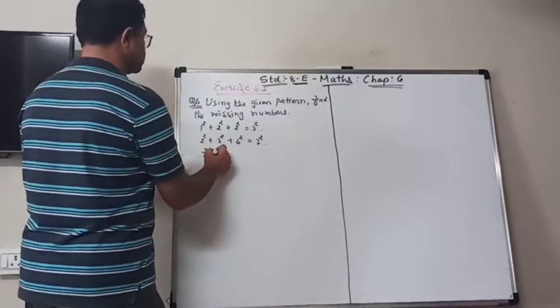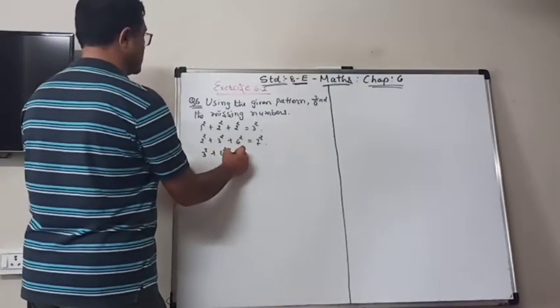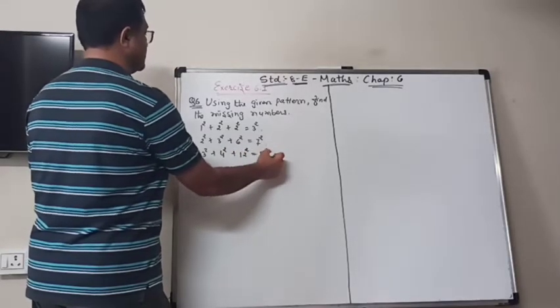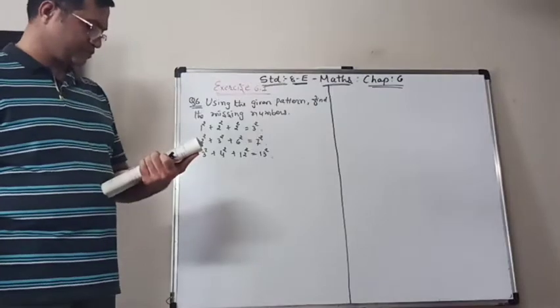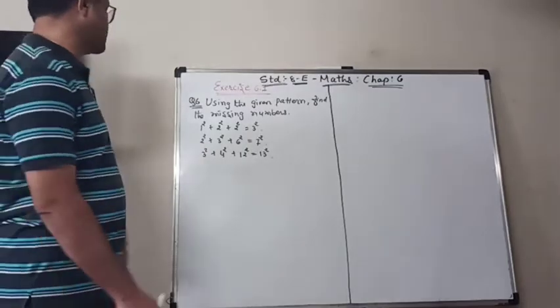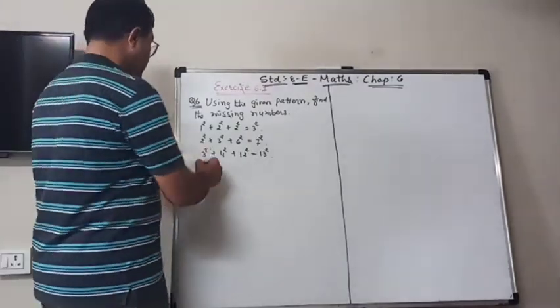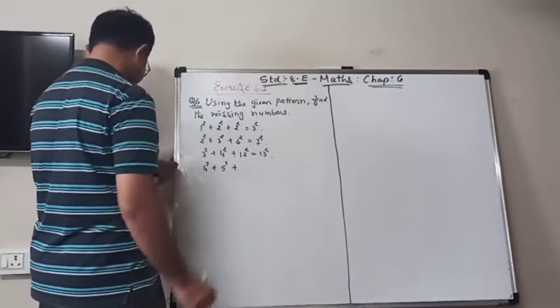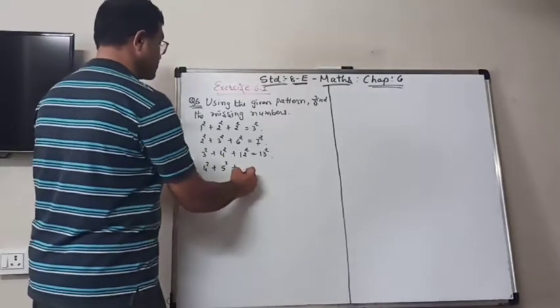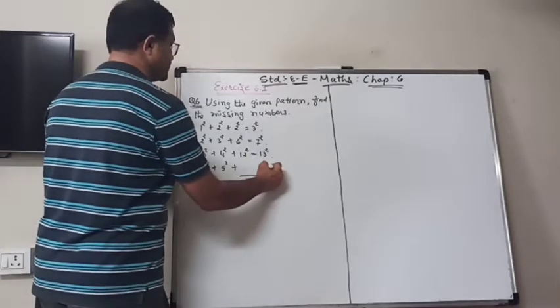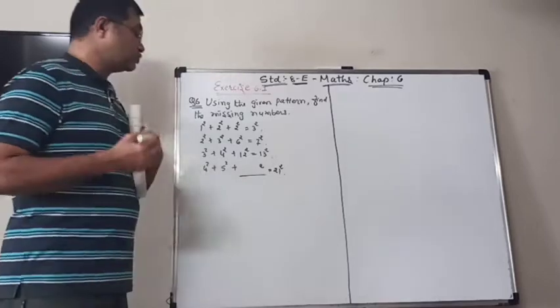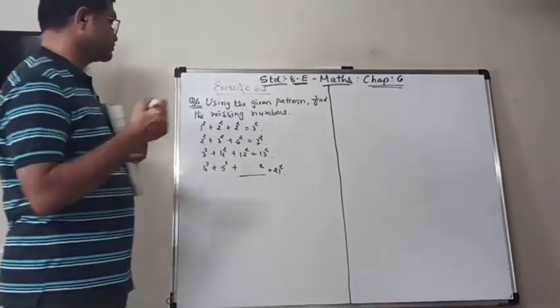Then 3 square plus 4 square plus 12 square is equal to 13 square. And now the question is 4 square plus 5 square plus blank square is equal to 21 square.